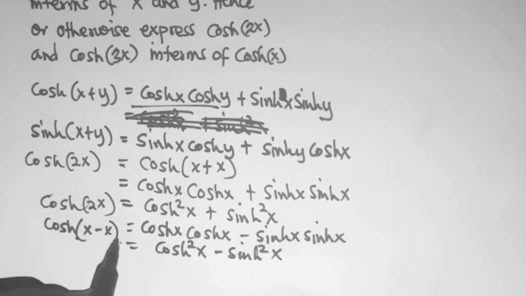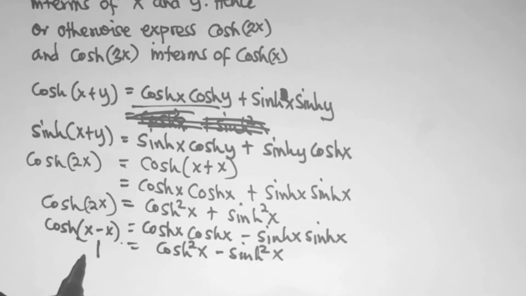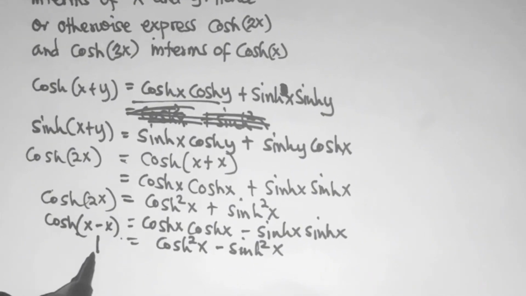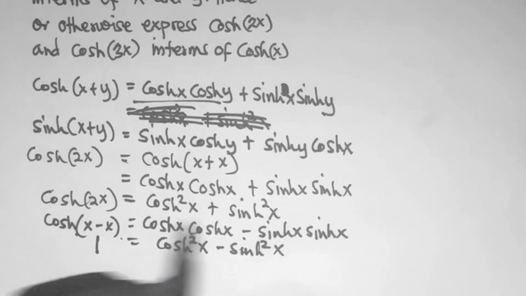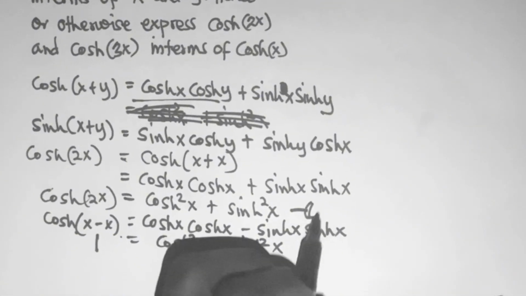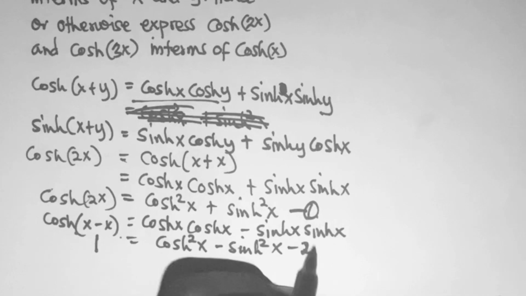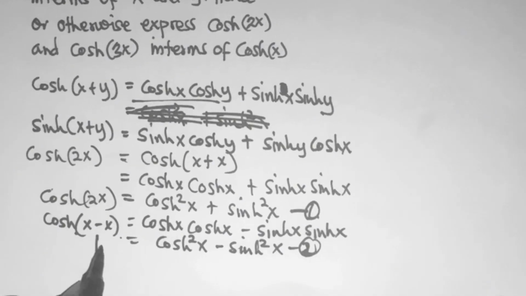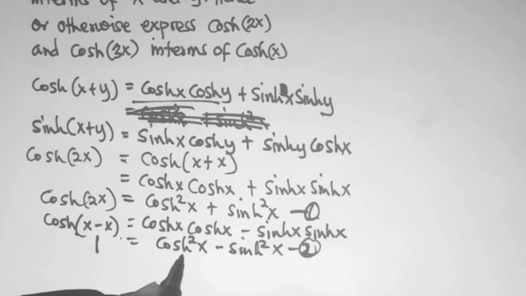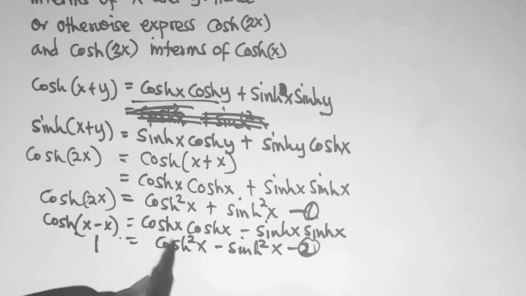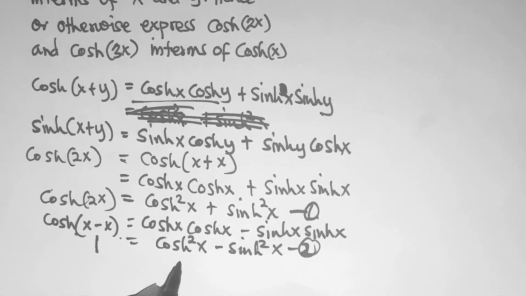And cos x minus x is cos 0, which is 1. So now you can see that we have two equations. This is equation 1 and this is equation 2. So what we are going to do is add equation 1 and equation 2.